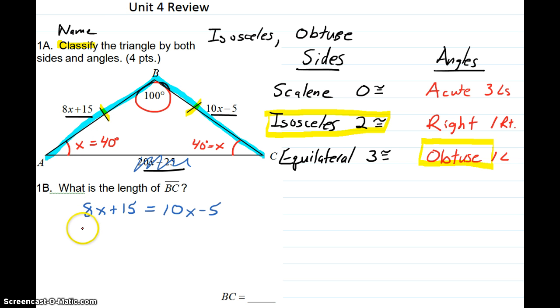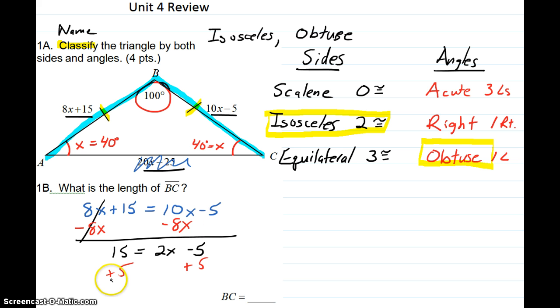So I'm going to move the smaller variable. And so now I get 15 equals 2x minus 5. Add the 5 to both sides. Those go away.